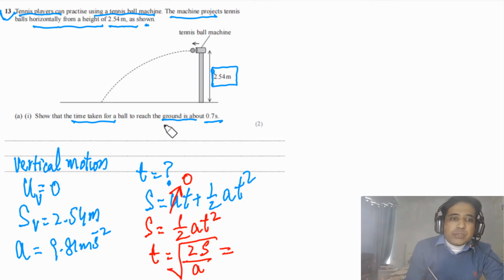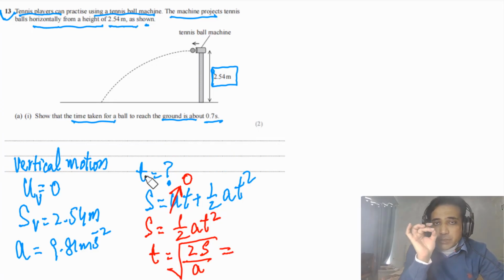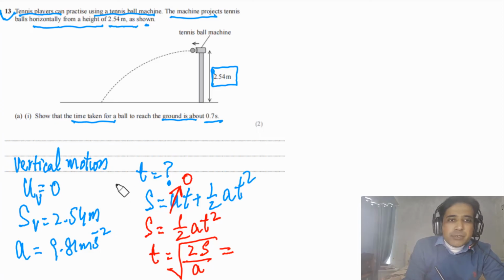You have to define one direction as positive. I'll define down as positive because these two quantities will be positive. Even if I take up as positive, negative will cancel with negative, but for simplicity I'm taking down as positive.